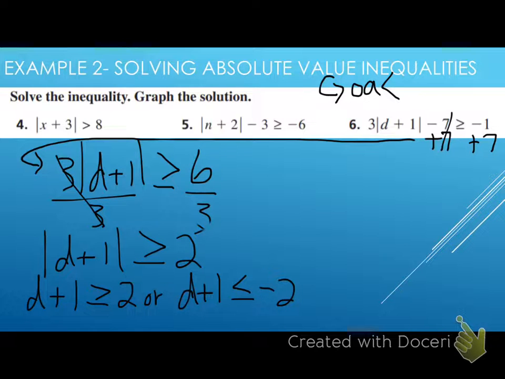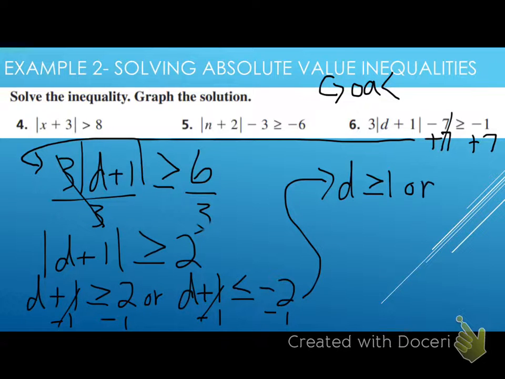All right, now I can solve my compound inequality. What's my first step on both of these? Subtract 1 from both sides. So I get D on the left. 2 minus 1 gives me 1. Symbol flip or stay? Stay. You must have or in your answer.